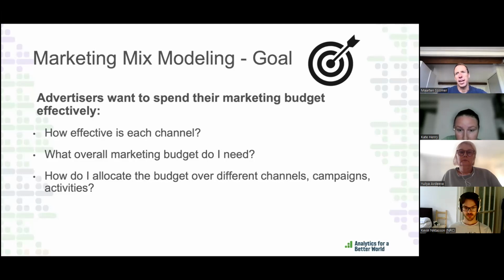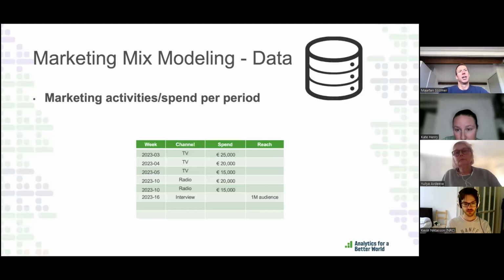Okay, to be able to do this with data science, we need data, of course. So let's see what data is needed to be able to do these applications. Well, as you can understand, we need all kinds of data about the marketing activities and the money we're spending on those marketing activities in a specific period.